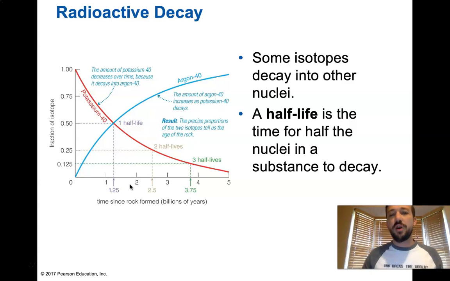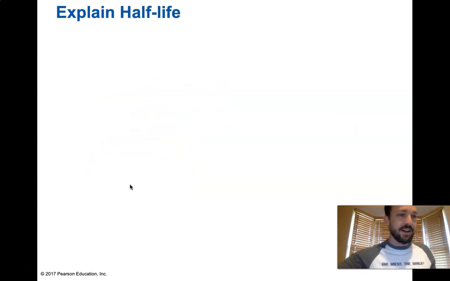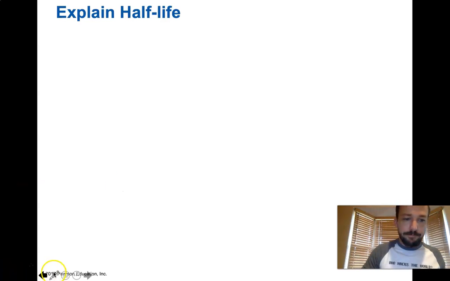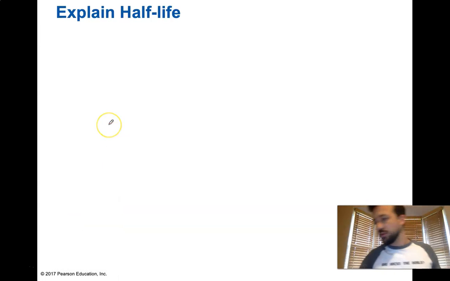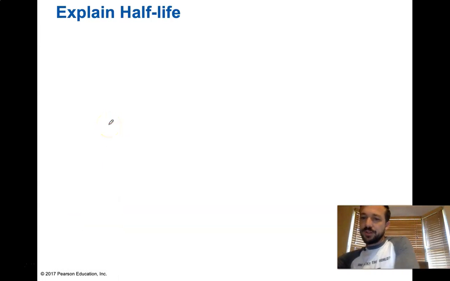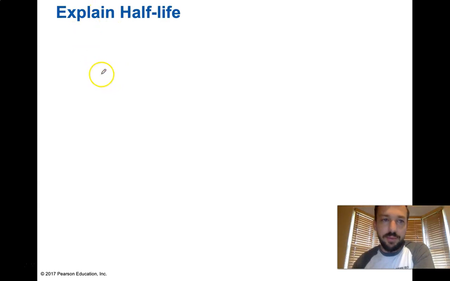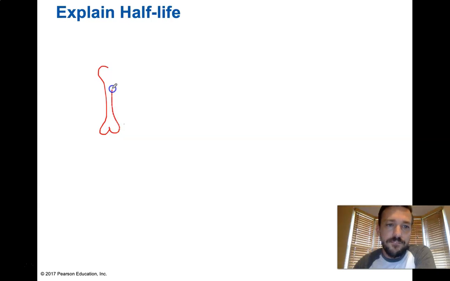Okay, so let me draw something out. Let me get my pen. Okay, so let's say I got a bone. I'm going to stick with my bone idea. It's like a dog bone over here. And let's say normally it should have 20 carbon-14 atoms in this sample that we've collected.